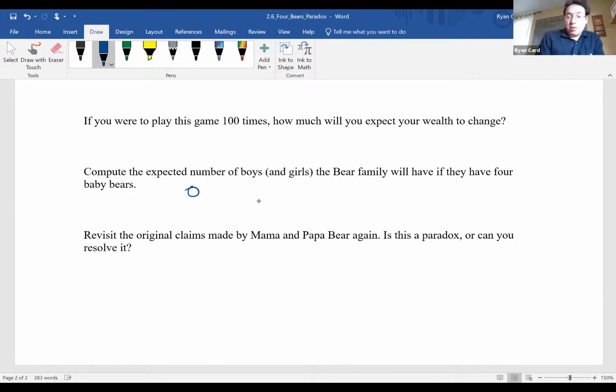You could get 0 boys, and compute the probability of getting 0 boys. That's the only case that could happen with 4 girl bears. And then the probability of ending up with 1 boy. So I'm going to leave this part up to you.